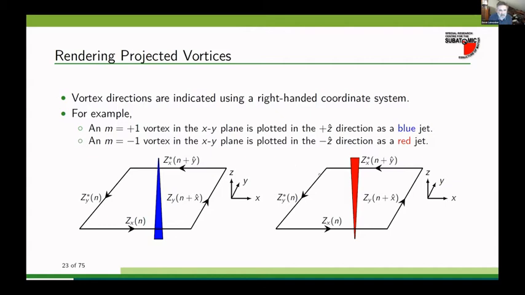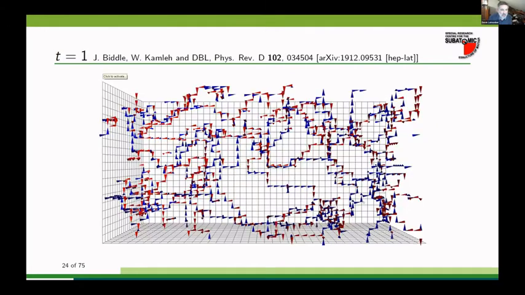On the other hand, if I've made the product of the Z2 fields around the plaquette and I find -1, then I will plot the jet in the opposite direction and I will render it red. This seemed like a reasonable thing to do for our first look.